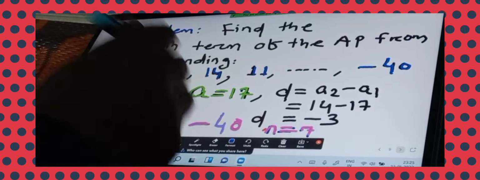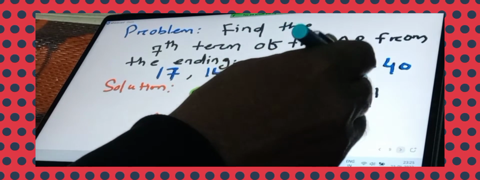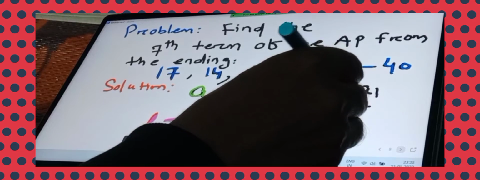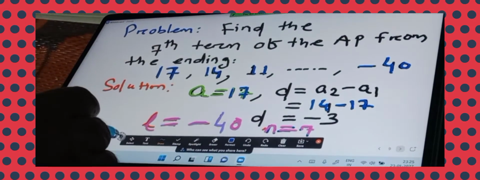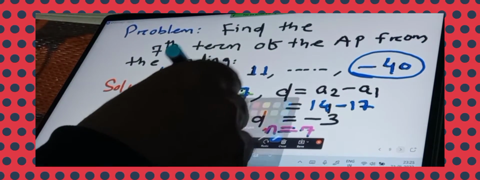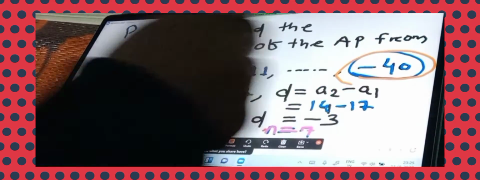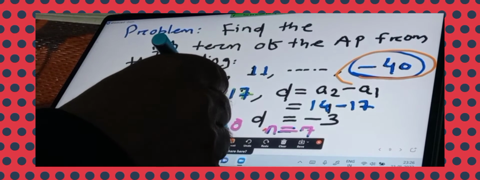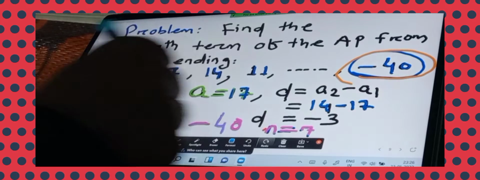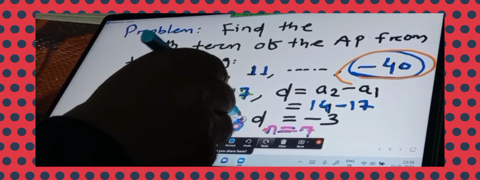The first term is 17, and D is equal to A2 minus A1, which is 14 minus 17, which is minus 3. What is the last term given? Here the last term is minus 40, so L is equal to minus 40.